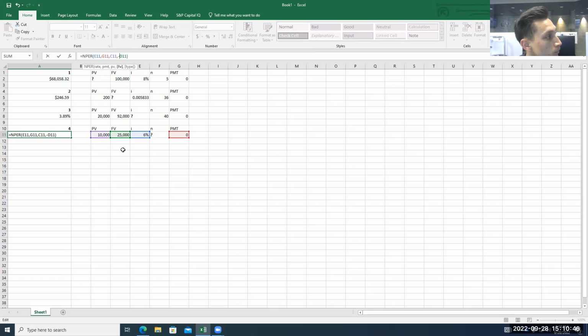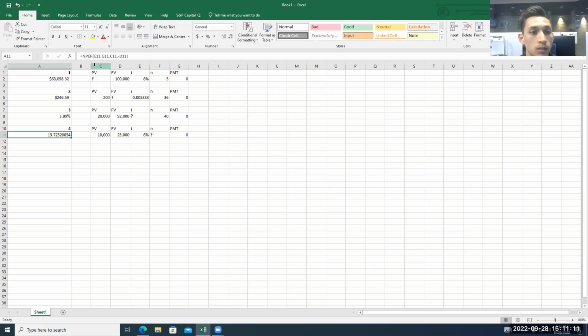What they're assuming is when you make the $10,000 investment, it's a cash outflow, so that's negative. And then when it matures, 25, that's a cash inflow. But either would work. I think of it as a negative 10,000 because I'm investing, and then it's positive 25 when it matures. But either works. You can do it as debt or as an investment. So we'll do it under future value just to make it real simple.